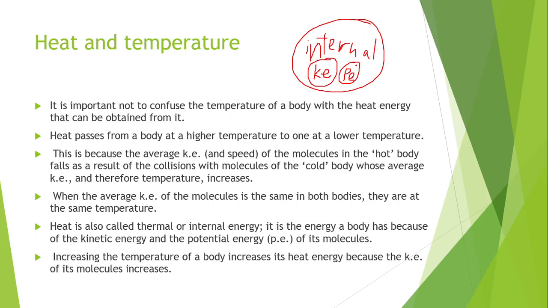So if we take this small element out and talk about kinetic energy only, then it's kind of okay to interchange these terms, because absolute temperature is really directly proportional to the kinetic energy of the molecules of a body.